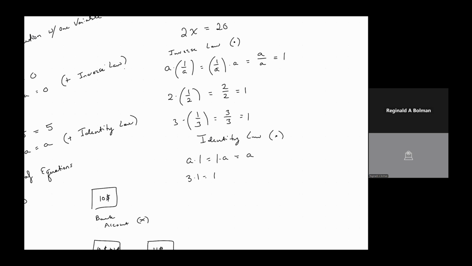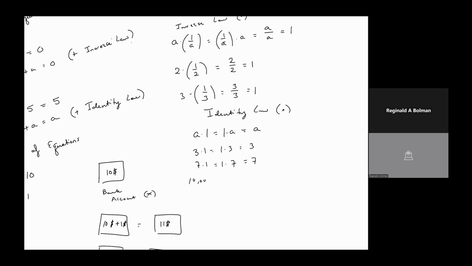That gives you 3. 7 times 1, same thing as 1 times 7, gives you 7. 10 billion times 1 is the same thing as 1 times 10 billion, which just gives you 10 billion.